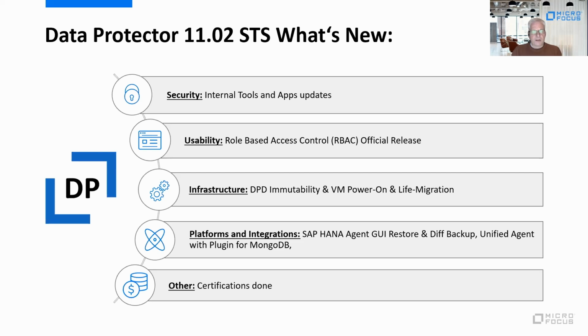The next one is where we increase usability, or the way you use the product overall. We mentioned a couple of minutes ago where role-based access came into place. We started that journey in 11.01, where we provided an early tech demo of where we're going, so people already running 11.01 could have a view on this.